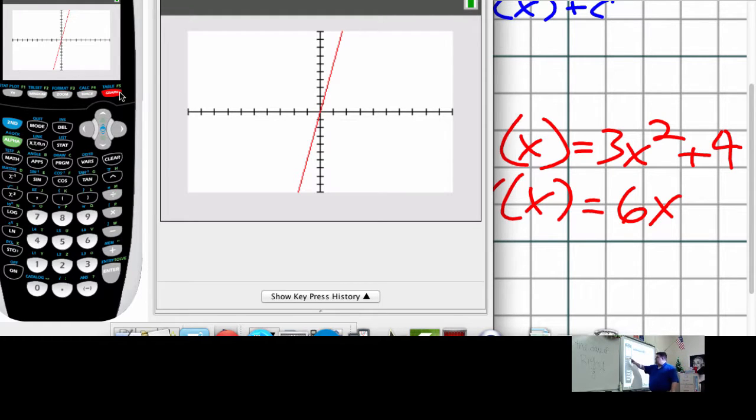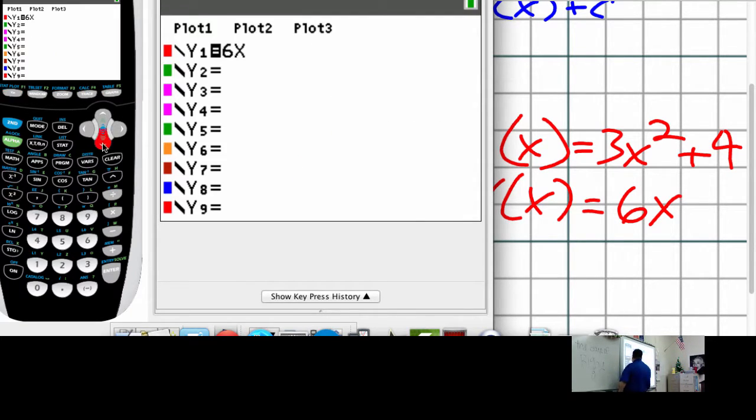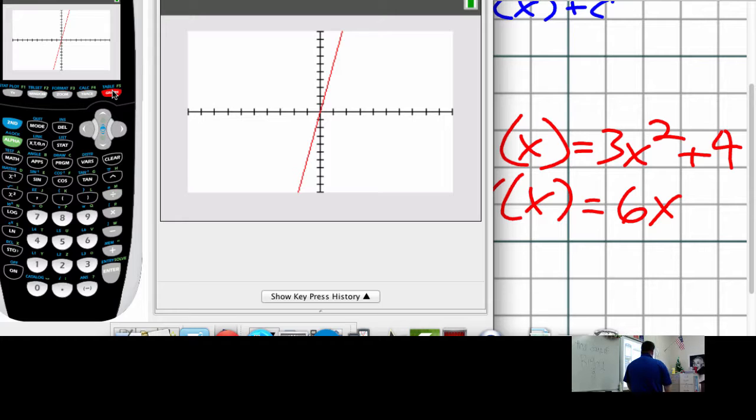So now if I graph my original functions, 3 times x squared, and then 3 times x squared plus 4, that's my original function f of x, and the plus 4 just shifts it up vertically 4 units.